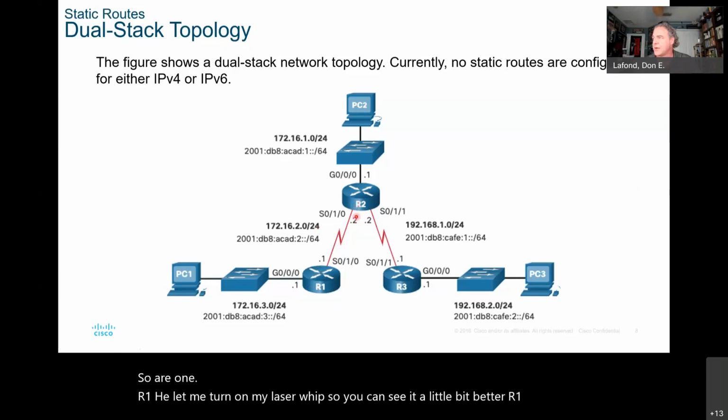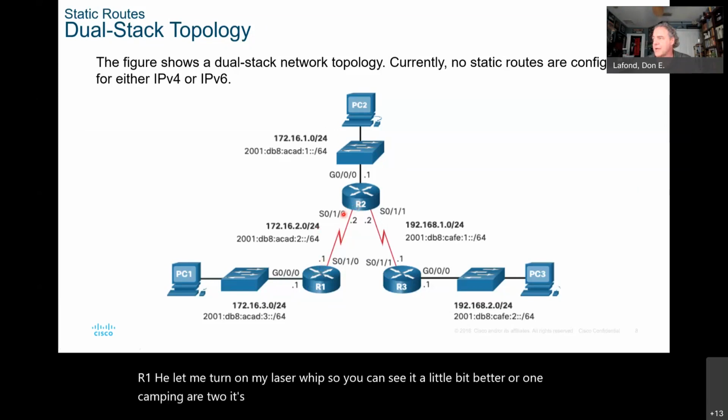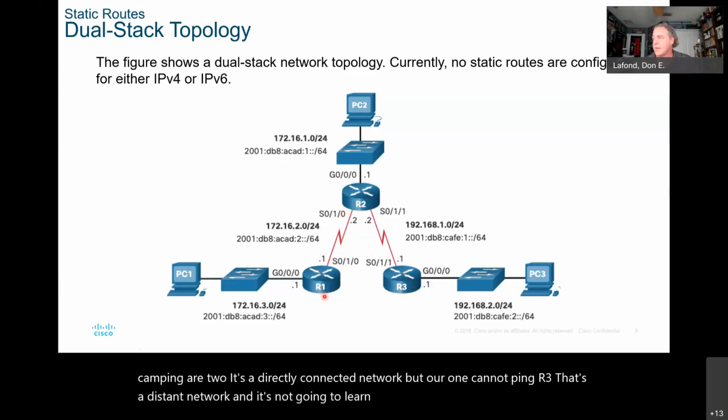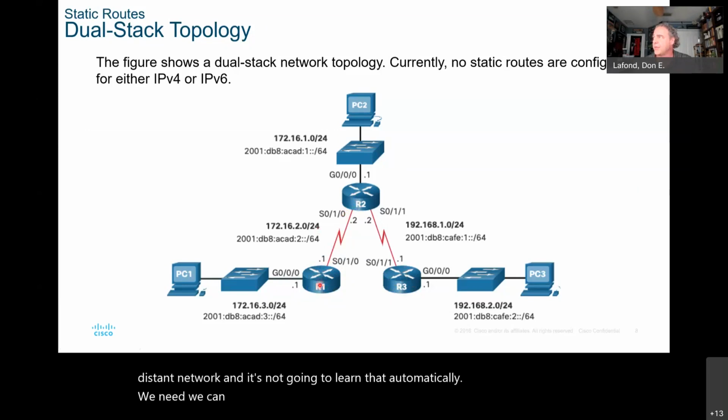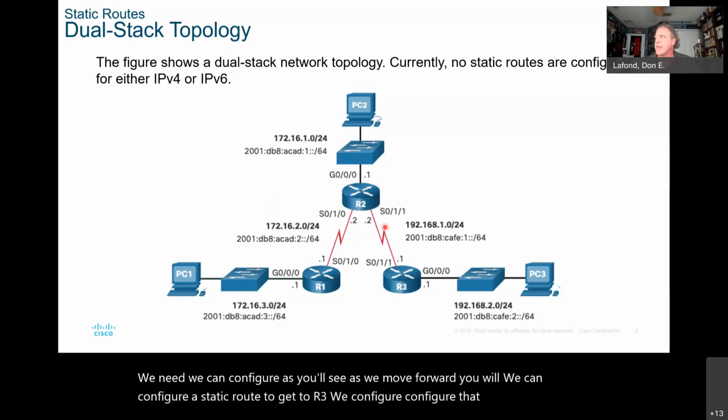R1 can ping R2. It's a directly connected network. But R1 cannot ping R3. That's a distant network, and it's not going to learn that automatically. As you'll see as we move forward, we can configure a static route to get to R3. We configure that on R1. Currently, no static routes are configured.